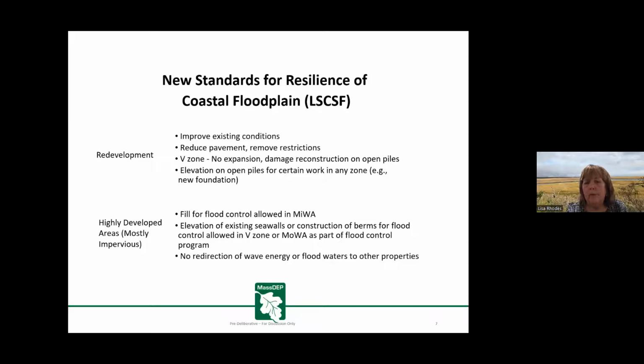There are certain other exceptions in the redevelopment standards, like for areas that are highly developed, like what we were envisioning when we developed these regs, city or town centers that are right on the coastal zone. And in the MIWA zone, fill for flood control would be allowed.